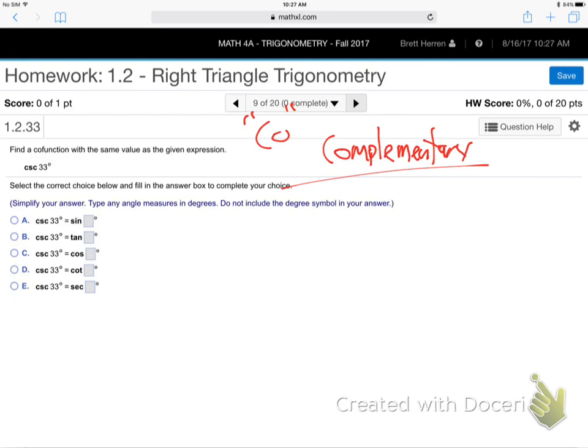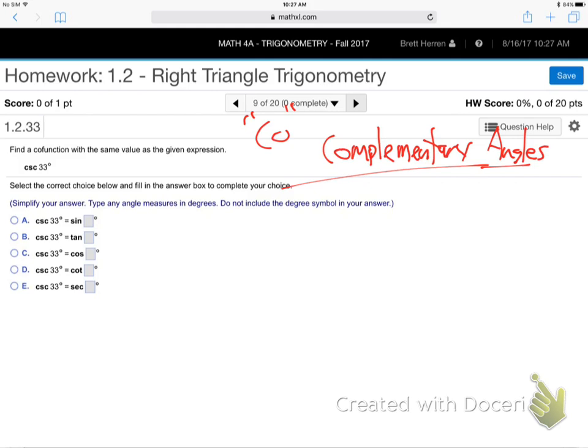Now, anybody remember from geometry, what are complementary angles? Supplementary angles, what are those? Supplementary add up to 180.